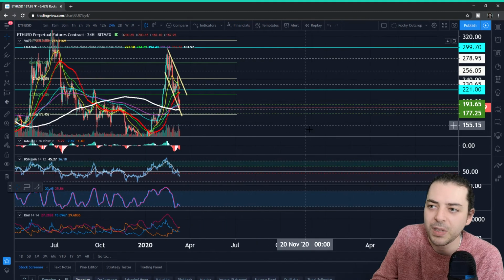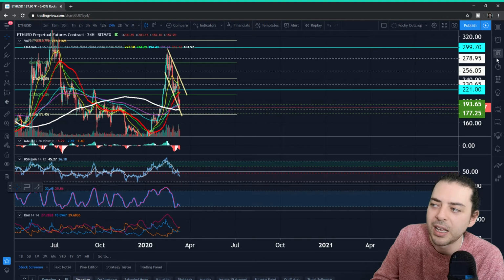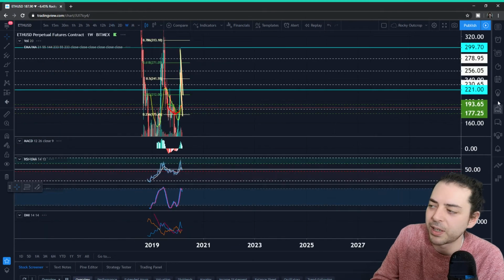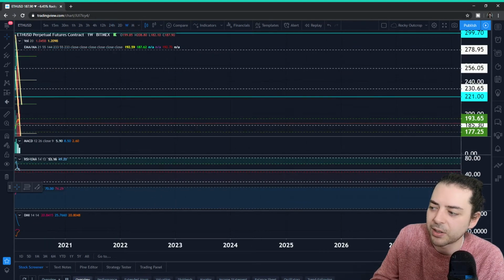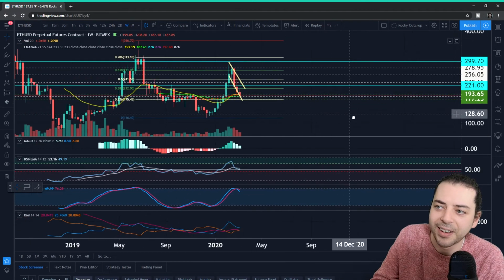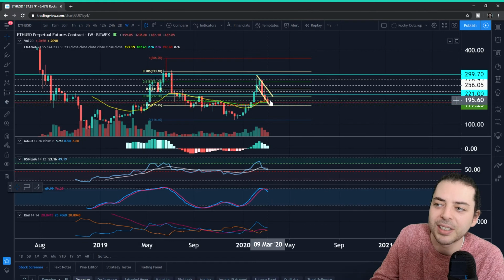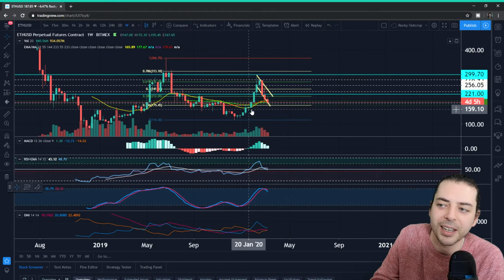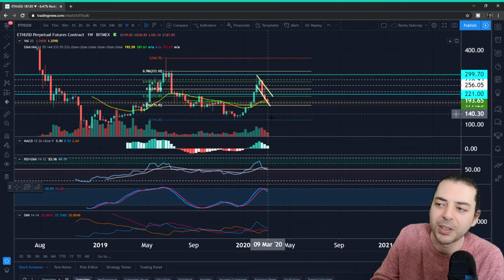Overall, if we go up to the higher time frame, and click auto, hopefully this will sort it out for us. We could still be sitting in a higher low on the weekly time frame, and that would always be the case all the way down as far as $135.